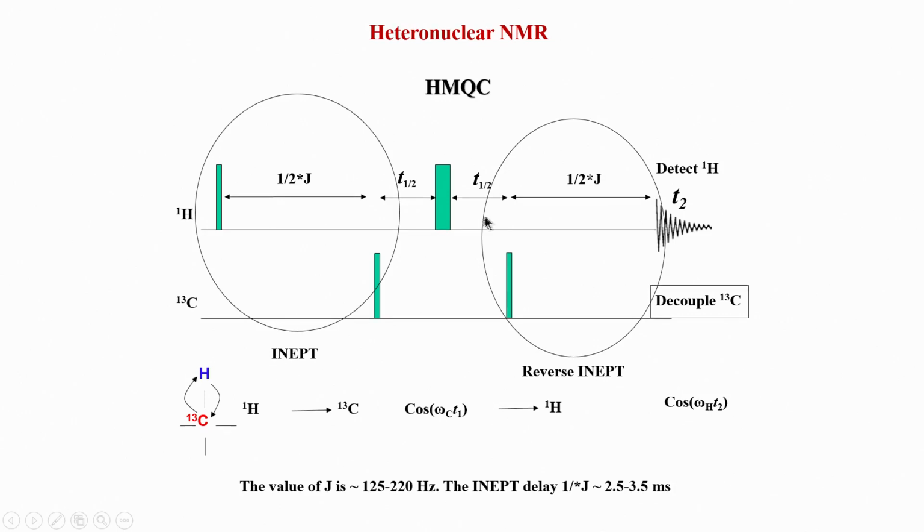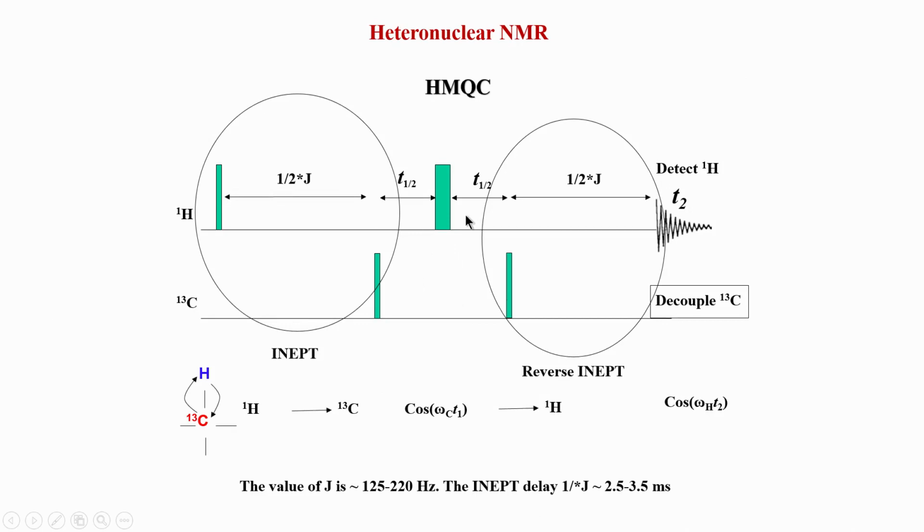HMQC has a resolution problem, because during this period T1, although I have not shown it here, there is also a coupling term which will come along with the chemical shift, and if T1 is very long, that coupling term also becomes dominant. That is proton-proton coupling, because we have decoupled from carbon, but we have not decoupled the 2 protons from each other.